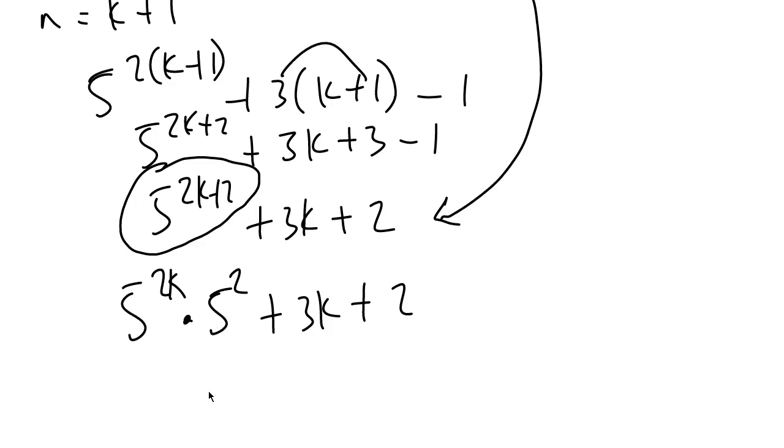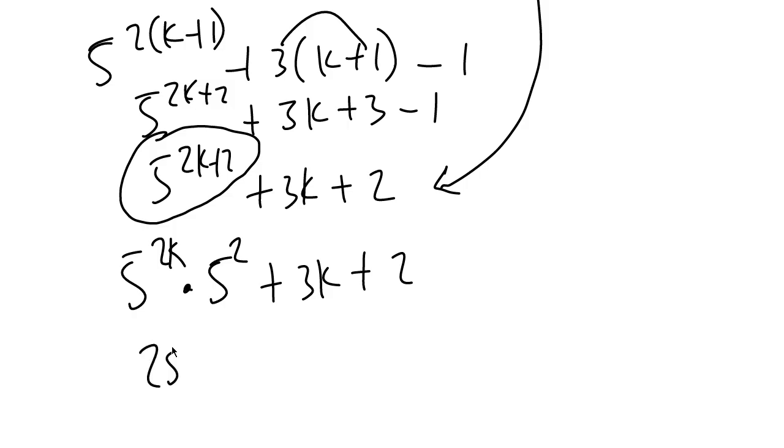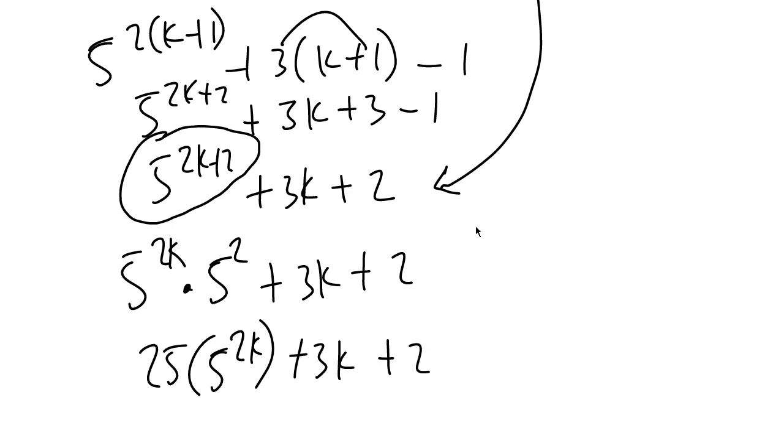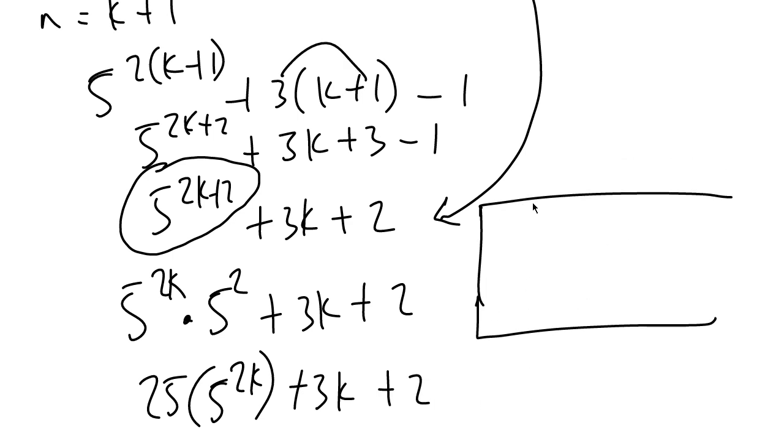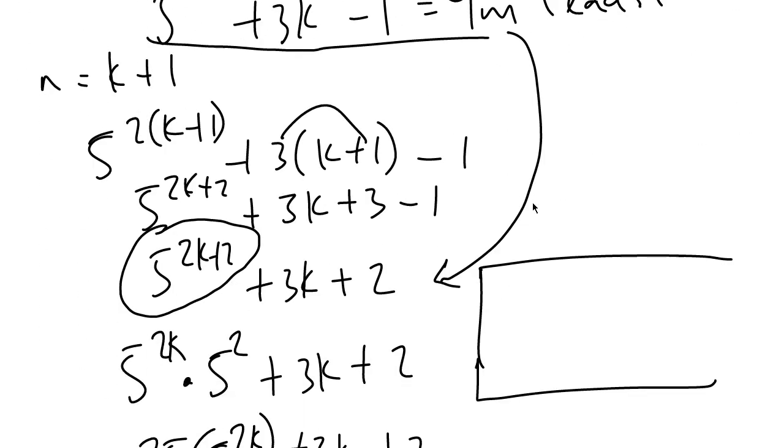So 5 squared is 25. That's 25 into 5 to the power 2k plus 3k plus 2. Then remember the expression that was given to you, which says what? 5 to the power 2k plus 3k minus 1 is equal to what? 9m. So you make 5 to the power 2k the subject.